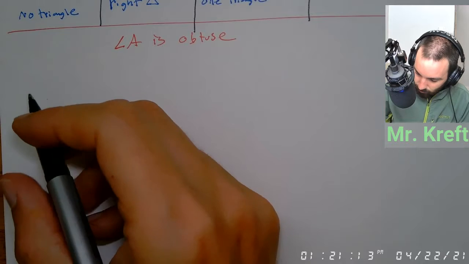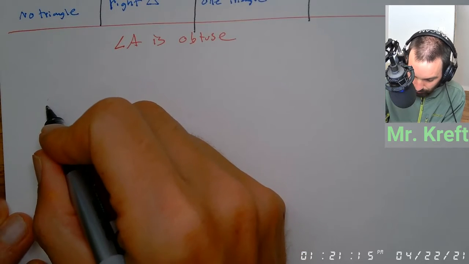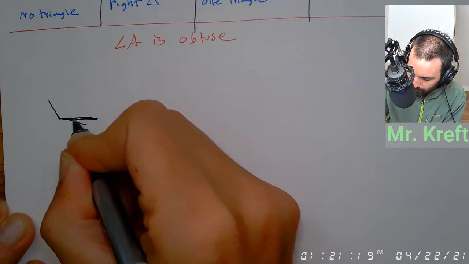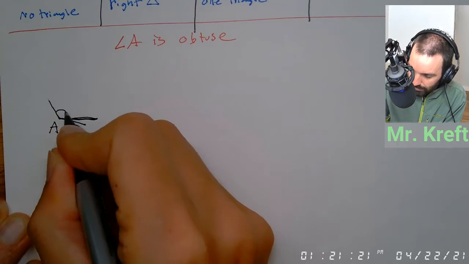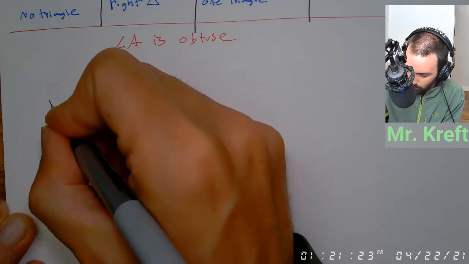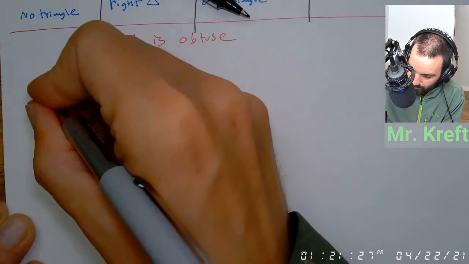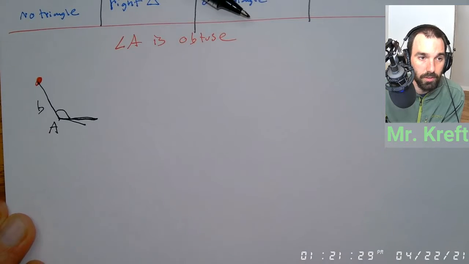So if A is obtuse, here's angle A, obtuse. Then we have side B, and the pivot is still up here.